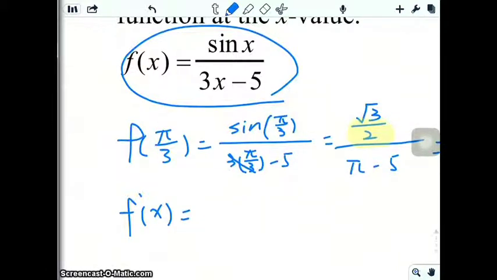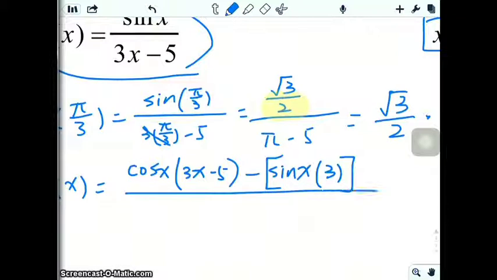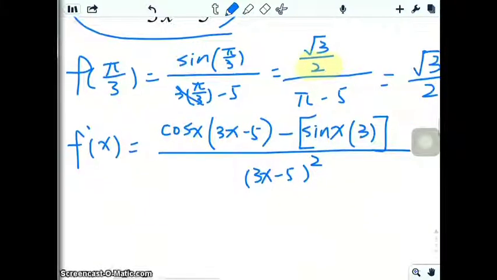First we take the derivative of the top function, which is cosine x, multiplied by the bottom function, minus the top function multiplied by the derivative of the bottom function, all over the bottom function squared.